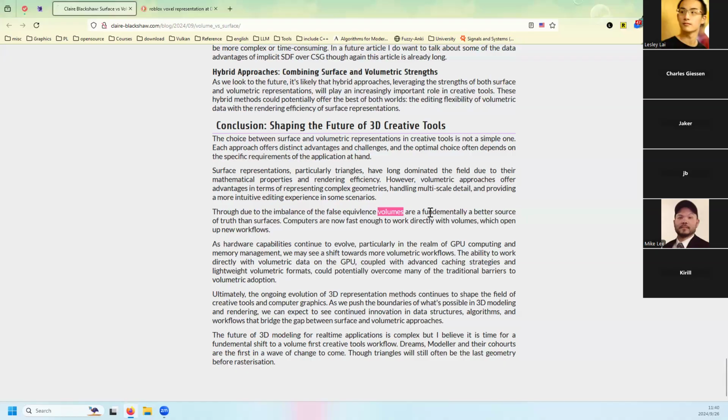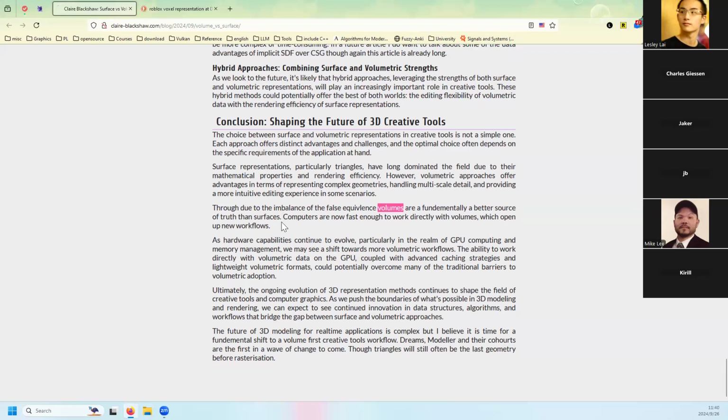Yeah, volumes are fundamentally a better source of truth than surfaces. Better source of truth is an interesting way to put it, but I get what they're referring to. That's interesting. Yeah, a lot of surfaces are degenerate, and a volume can always be converted to a surface.